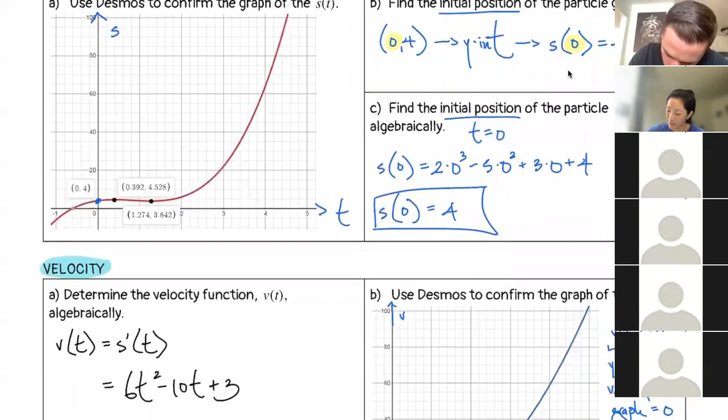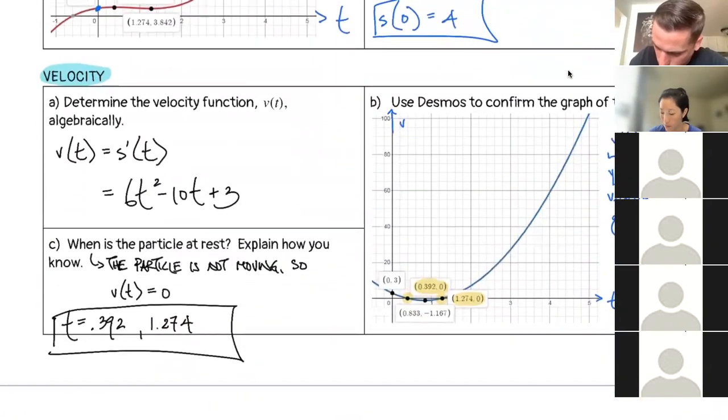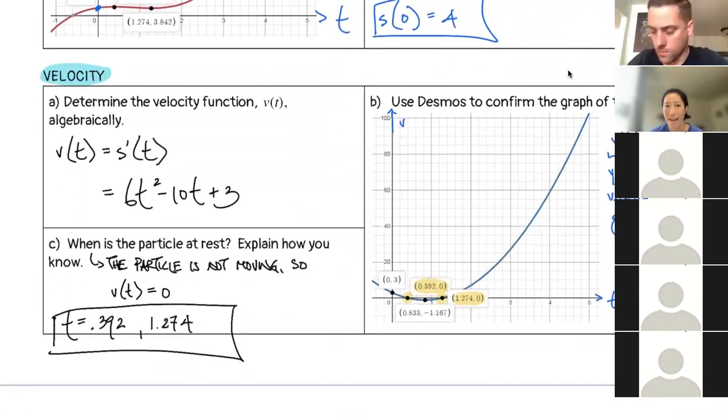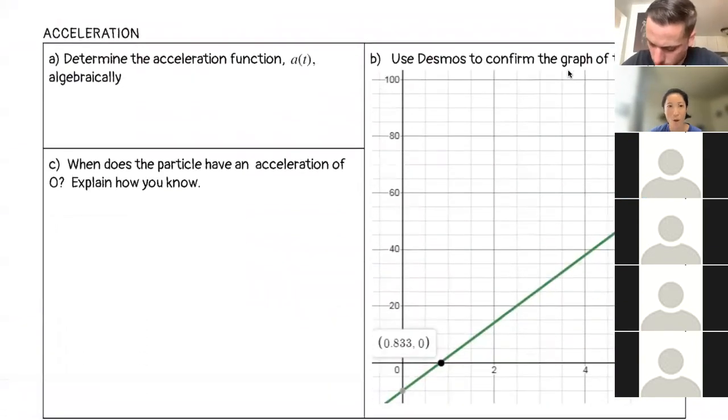All right. So we have a function. We can find position from it. We take the derivative, we end up with velocity. Why stop there? We're going to take the derivative one more time. That second derivative, we actually end up with acceleration.